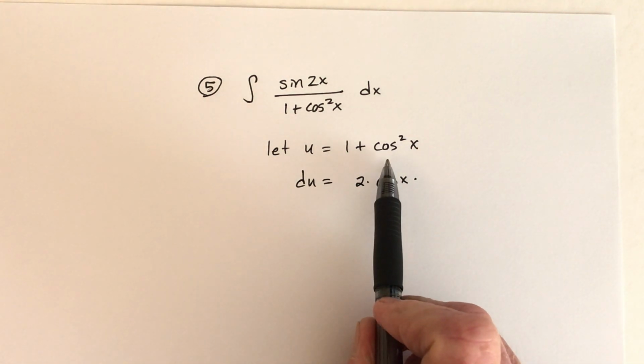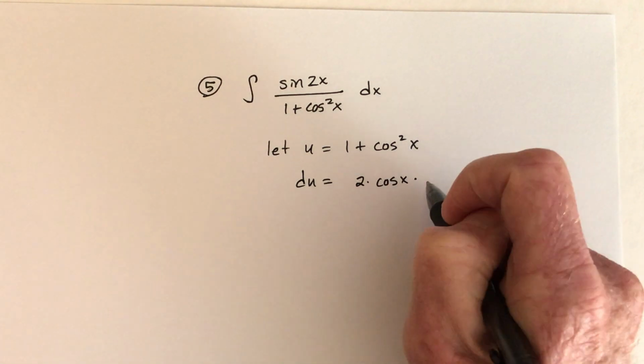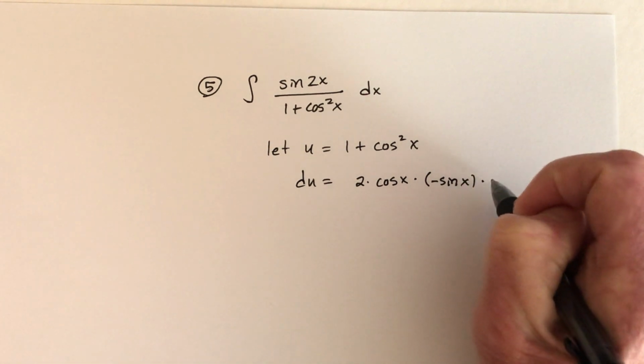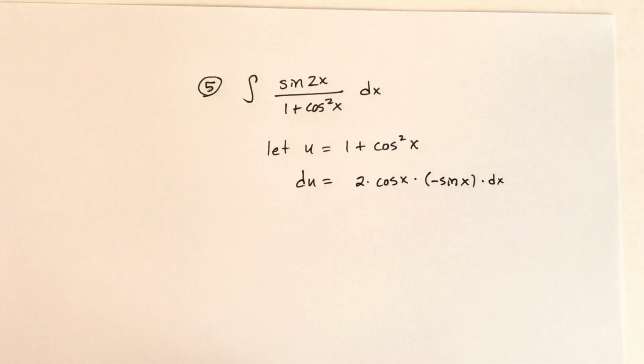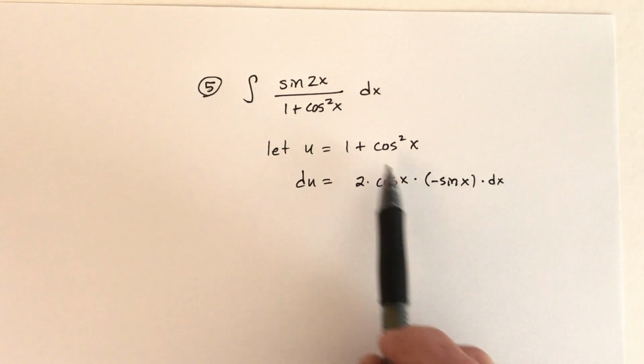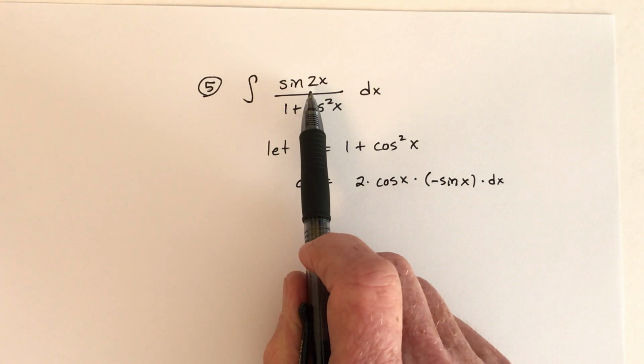And then do the chain rule. Now take the derivative of cosine, which is negative sine of x, and then multiply both sides, so it says dx. And then you say, but Mr. Perkins, buddy, this is not even close to sine of 2x.